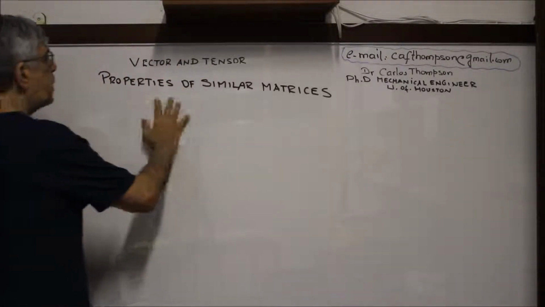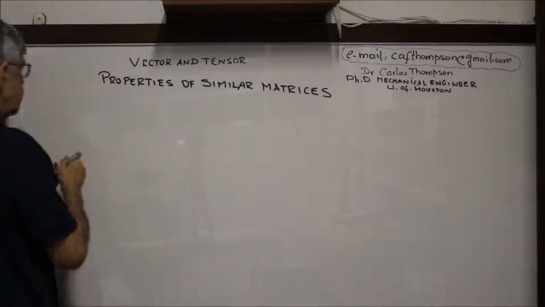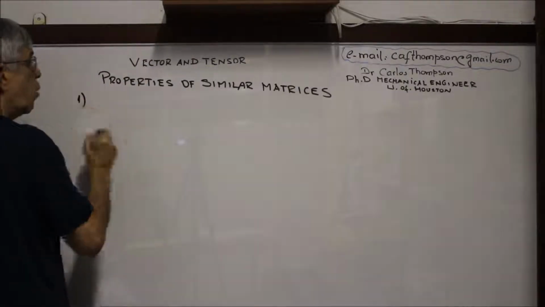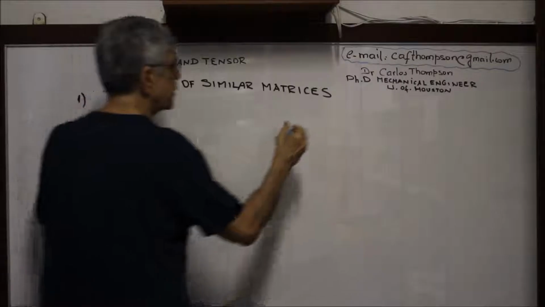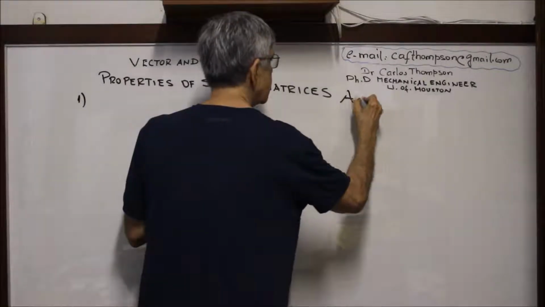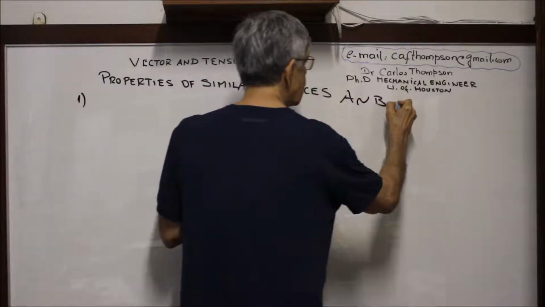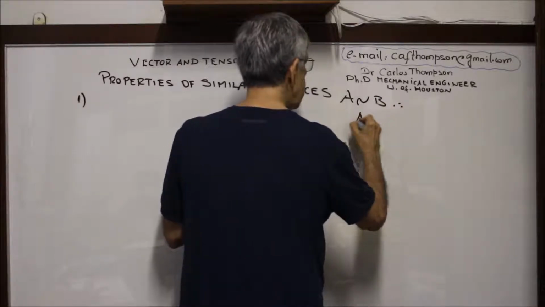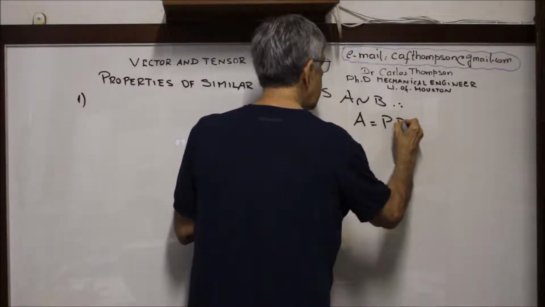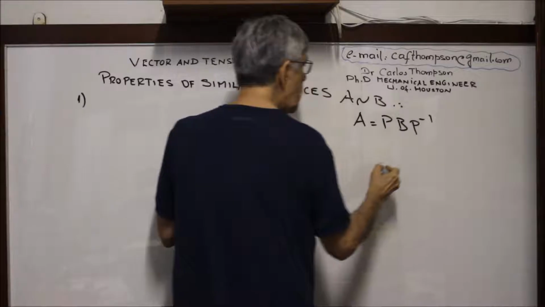Now, properties of similar matrix. First one, okay, what is a similar matrix? A similar to B, so in this case A is equal to P B P minus 1.